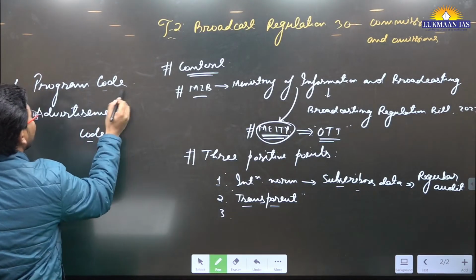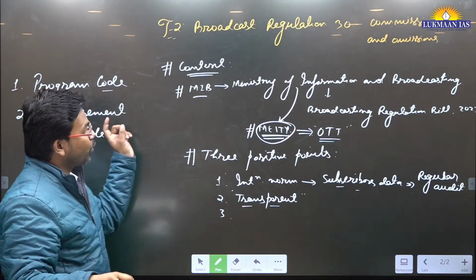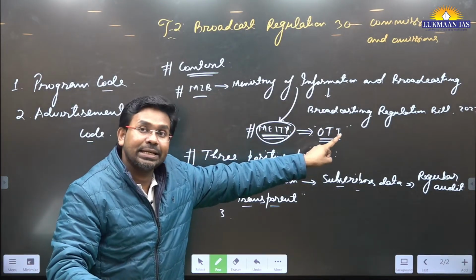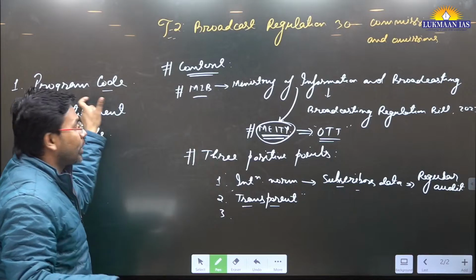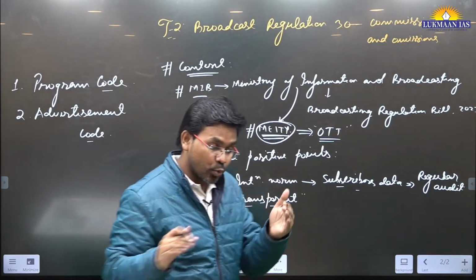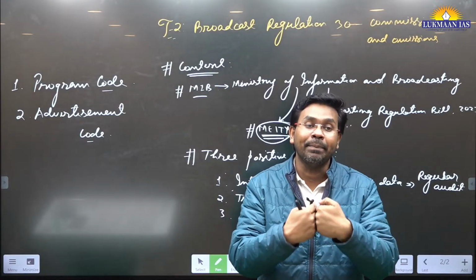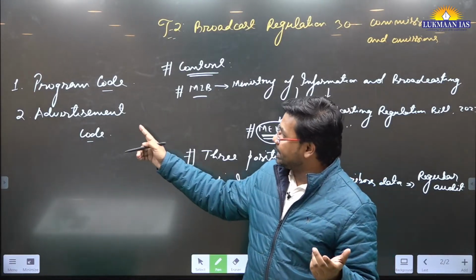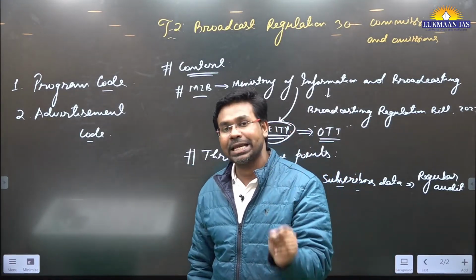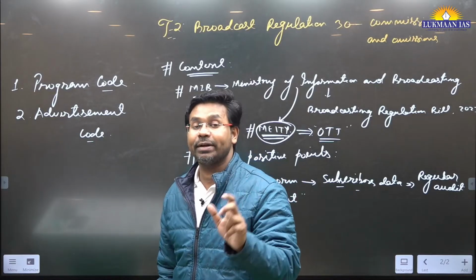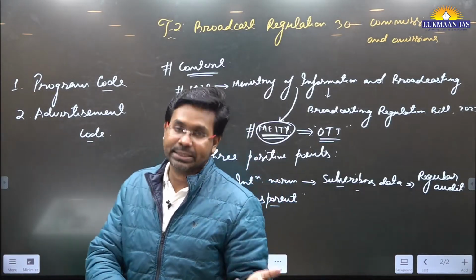What are this program code and advertisement code? As part of this broadcasting regulation bill, the program code talks in detail about what kind of programs can be aired and broadcast in India. The advertisement code lays down some guidelines on what kind of advertisements can be broadcast in India.